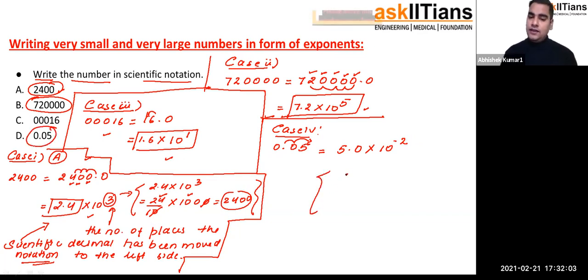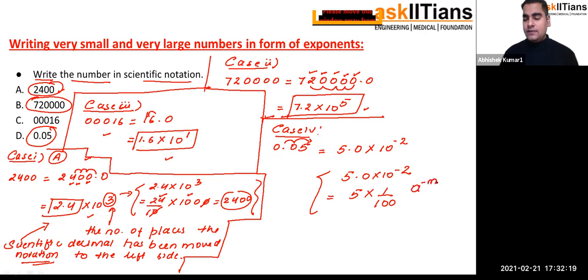Let me show that. You will have 5.0 into 10 raised to the power minus 2. So this can be written as 5 into 1 upon 100, because 10 raised to the power minus 2 is 1 upon 10 raised to the power 2, as per this rule of exponent: a raised to the power minus m is equal to 1 upon a raised to the power m. So if you use this rule of exponent, this is what you are going to get.